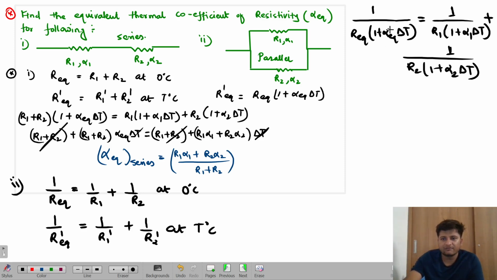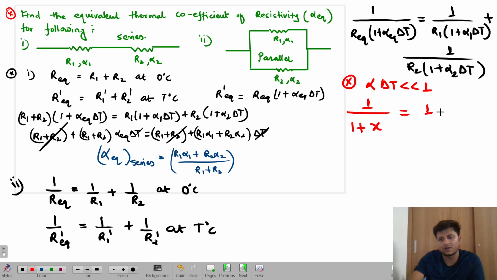Now, this alpha equivalent into delta T are very, very small values. This alpha into delta T, as you know, is even less than 1. So we will do the approximation now. As we know that alpha into delta T is less than 1, remember that 1 by any term 1 plus x, where x is very, very small, is written as 1 minus x.